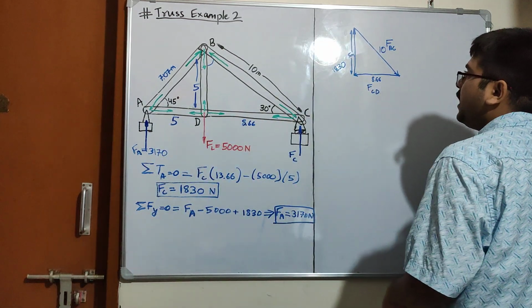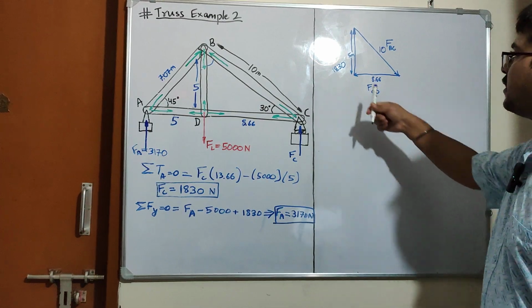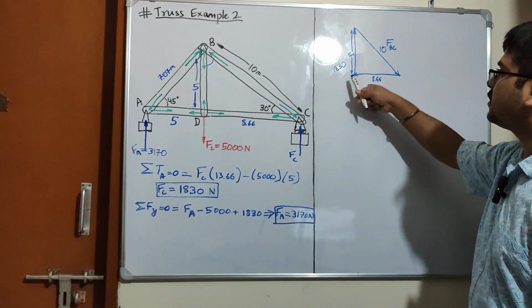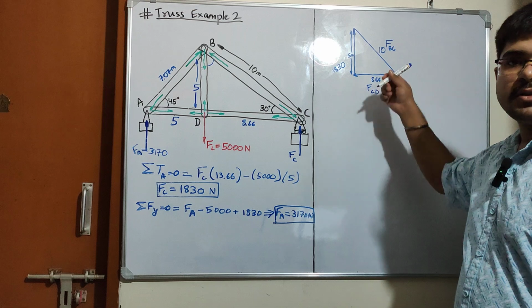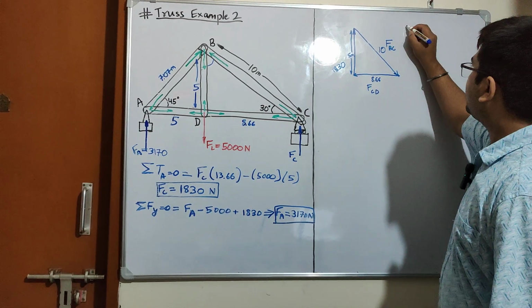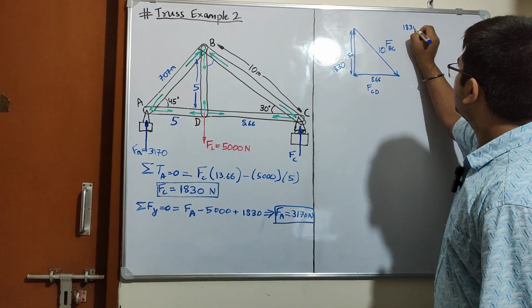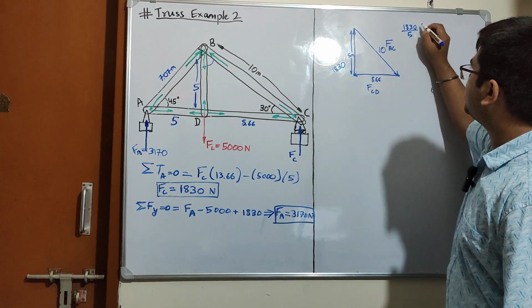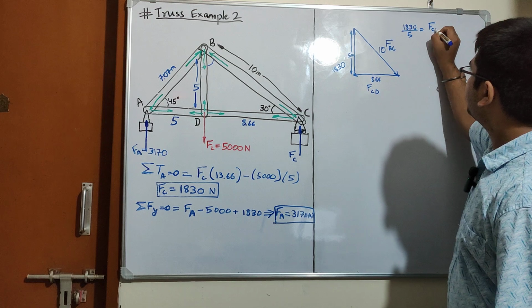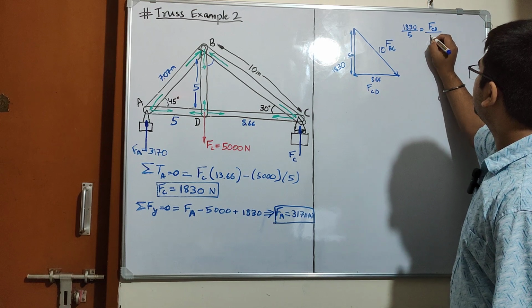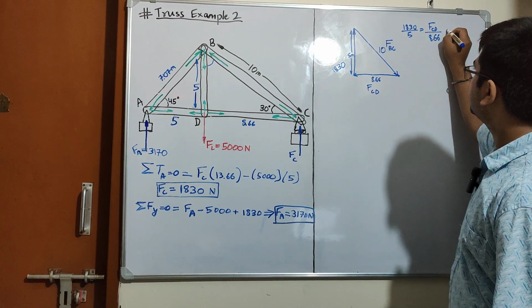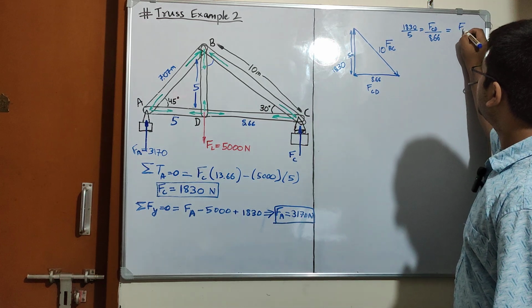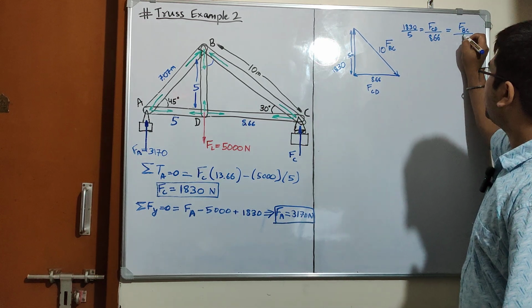Now we can equate these three values like I'm going to show here. So 1830 divided by 5, the length of the side, equals FCD divided by 8.66 and FBC divided by 10.